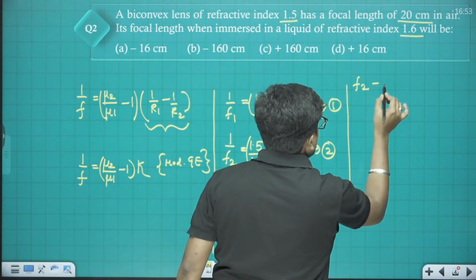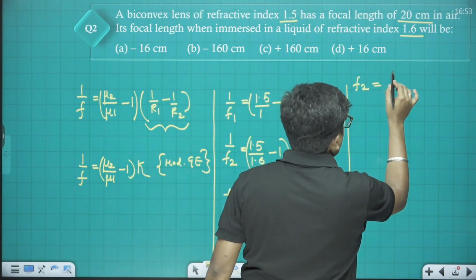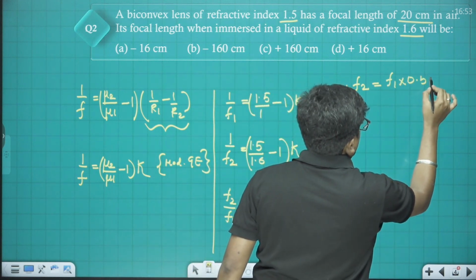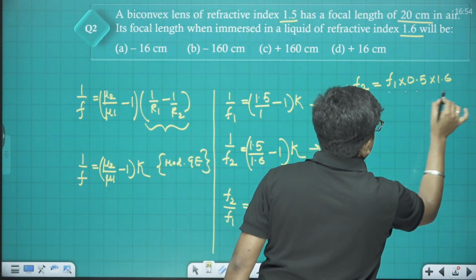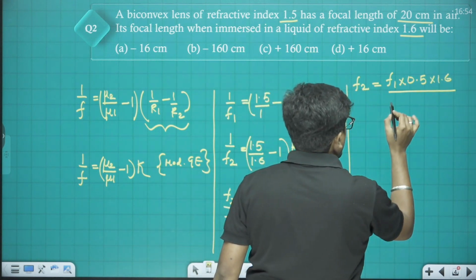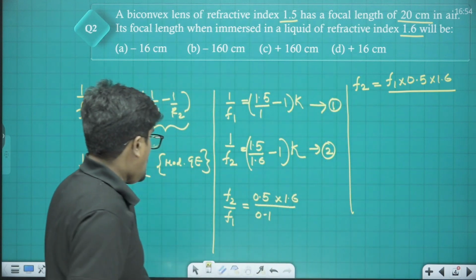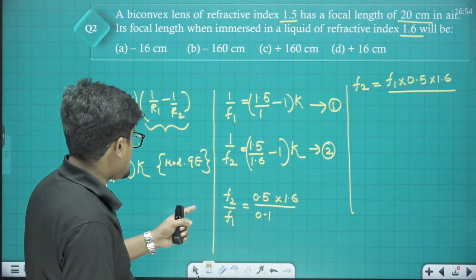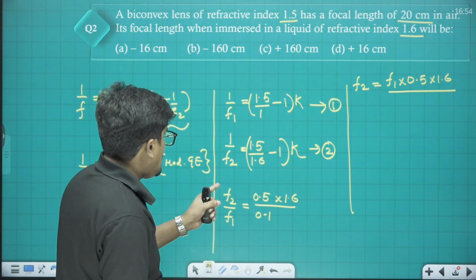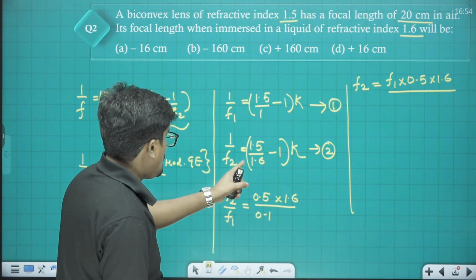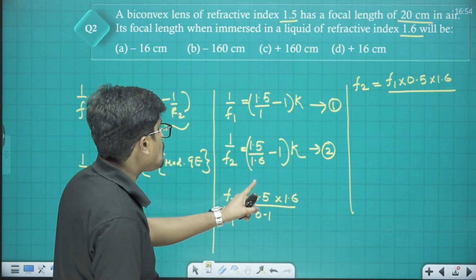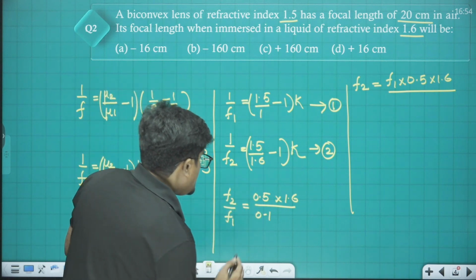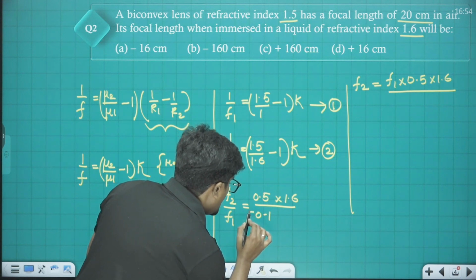Now let me rearrange the expressions. Now f2 is going to be f1 into 0.5 into 1.6 all divided by... one second, I think here this needs to be minus 1, isn't it?